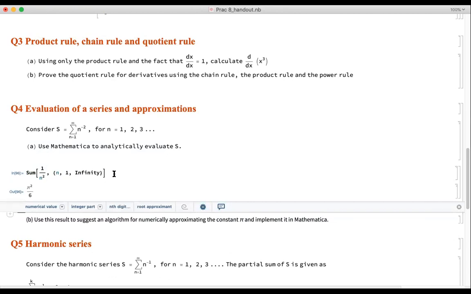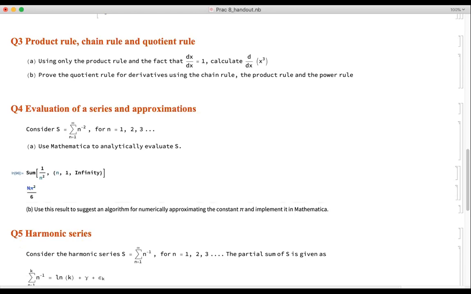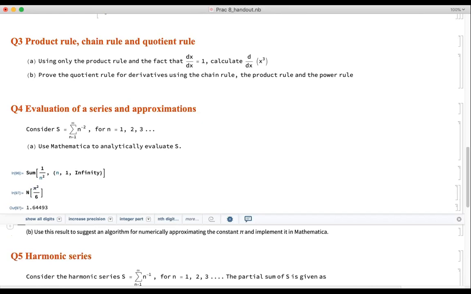Okay, that's the analytic solution. But if you want a numerical output, you need to use N, and that gives 1.6. All right, that's the numerical value.